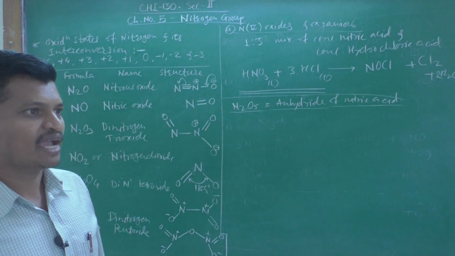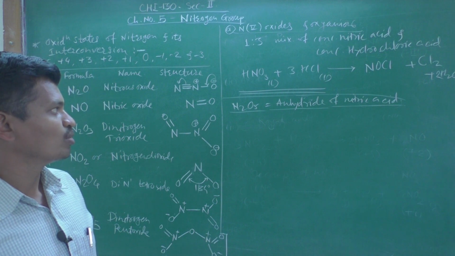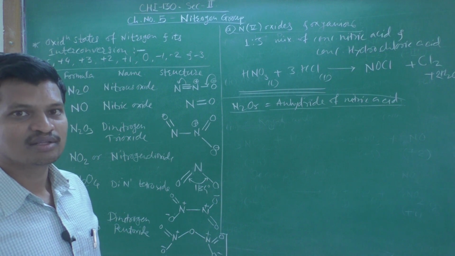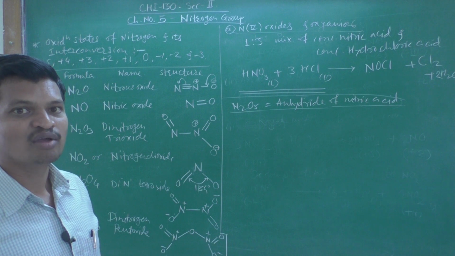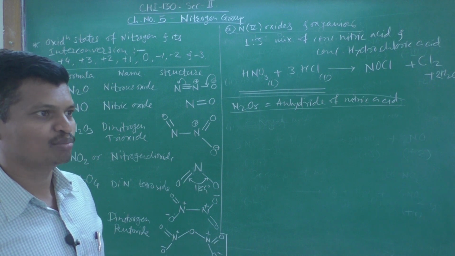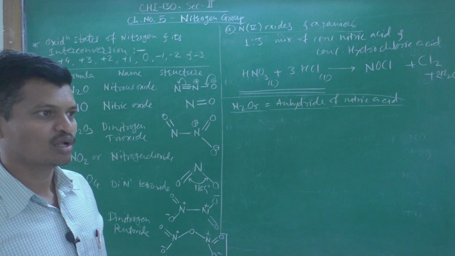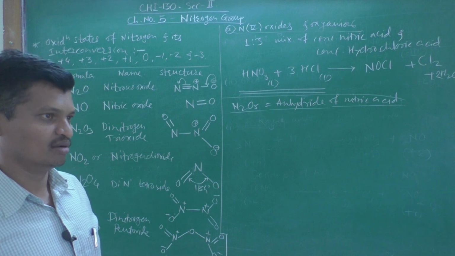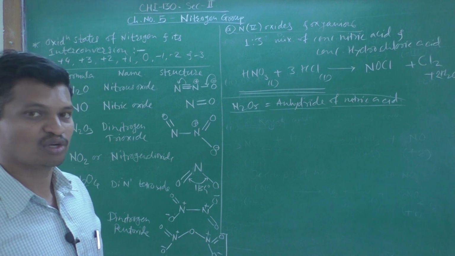It is prepared by the dehydration of nitric acid by P4O10, the dimer of phosphorus pentoxide.